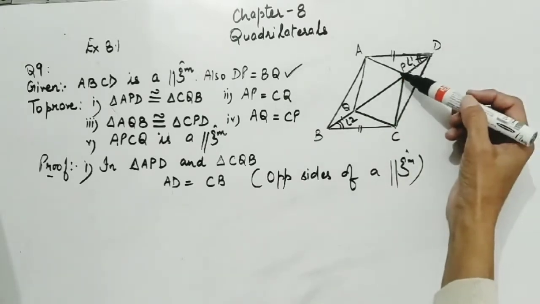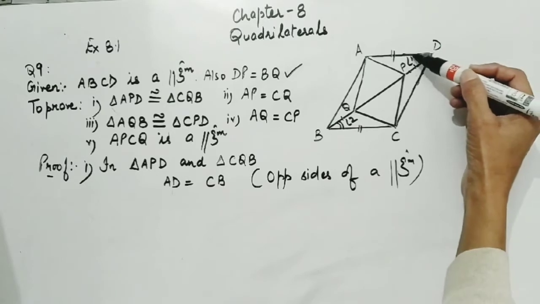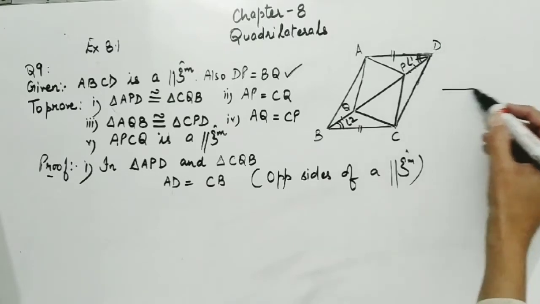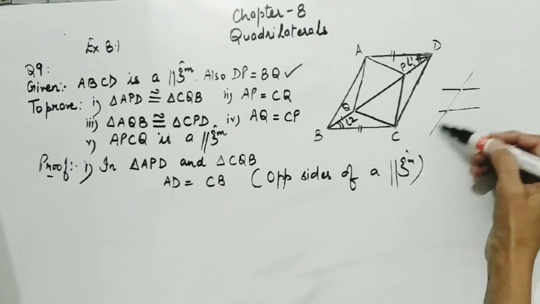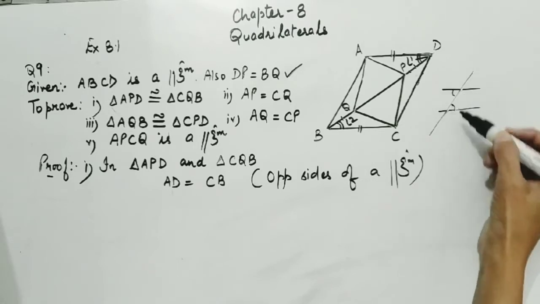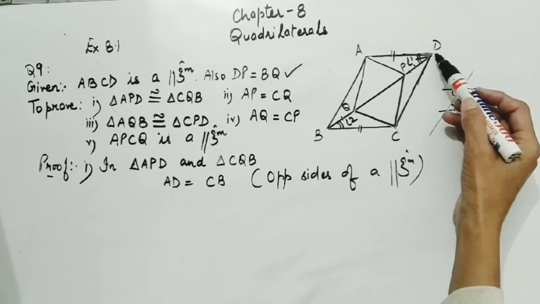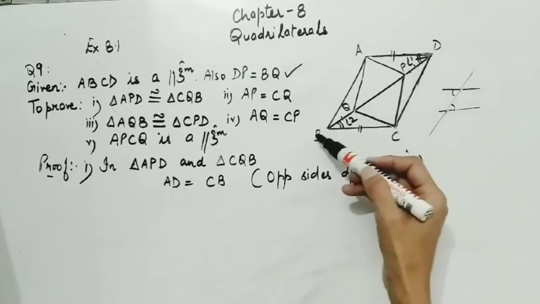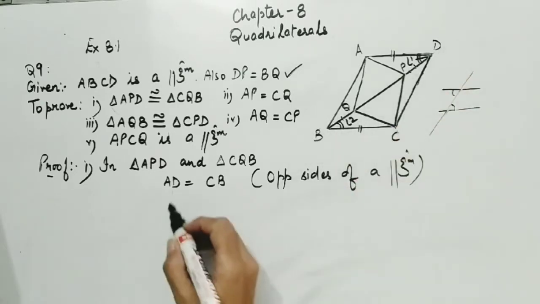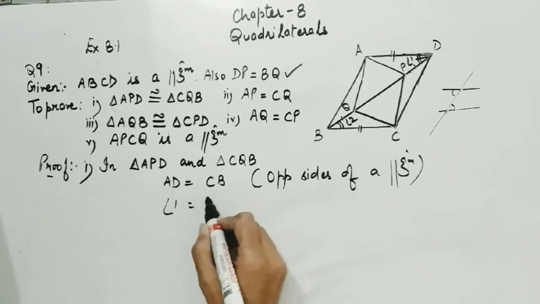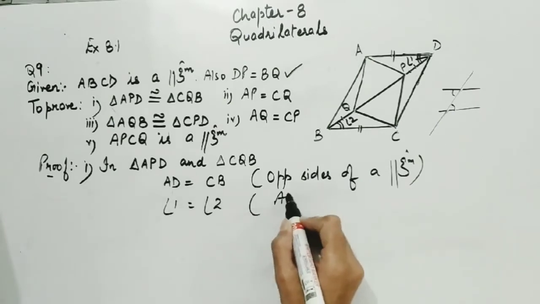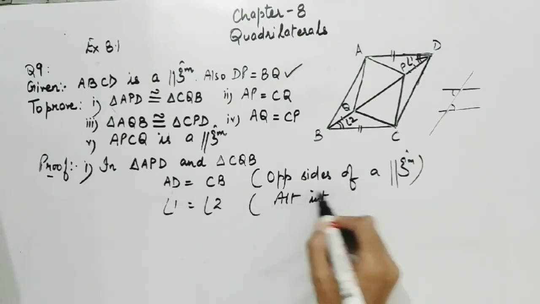In APD there is angle 1, because we know when two parallel lines are intersected by a transversal, alternate interior angles are equal. So AD is parallel to BC and this diagonal DB is serving as a transversal. Angle 1 and angle 2 are alternate interior angles.